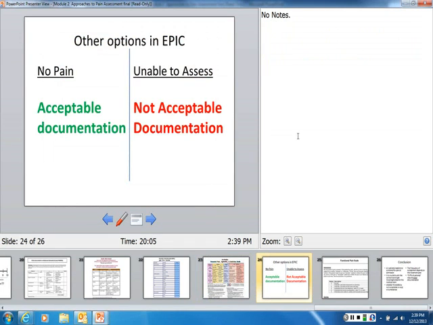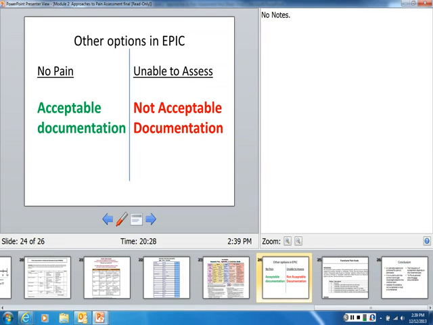Now, I said before that there are 2 other options to document in EPIC. One is no pain, and certainly that is a very acceptable documentation because not all of our hospitalized patients have pain as an issue. The second option in EPIC is I'm unable to assess. You can document that you're unable to assess.